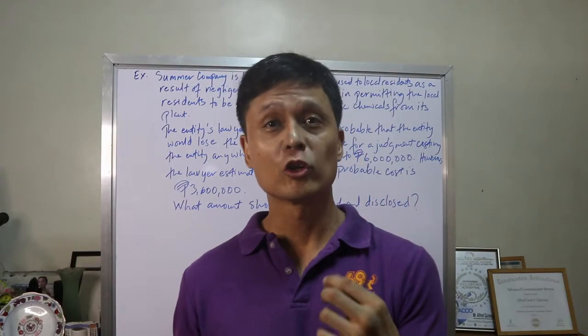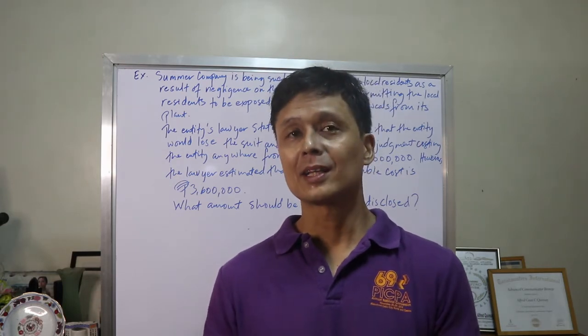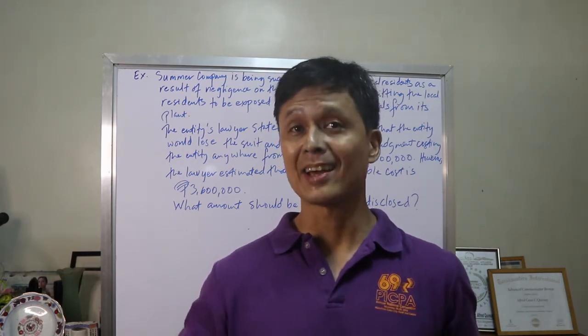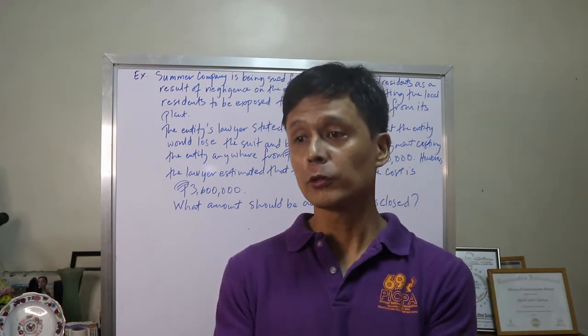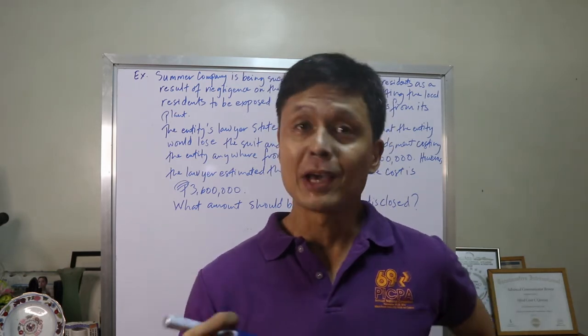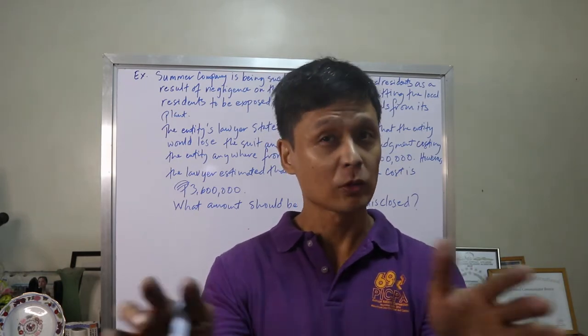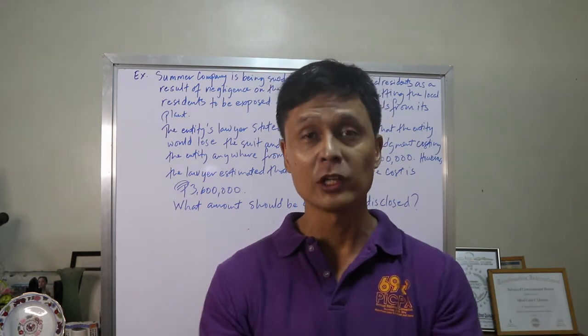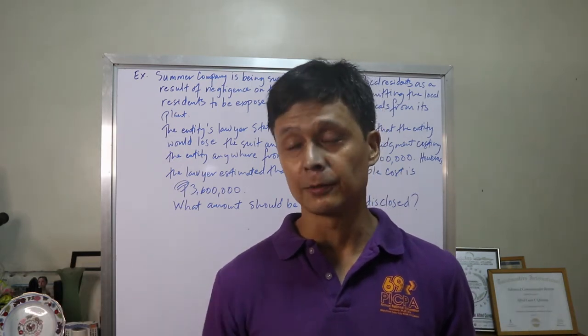So in contingent liability, there is a present obligation, but it is either probable that economic benefits will flow out of the company or measurable. It could neither be both. No, hindi pwedeng pareho. Otherwise, it would be a provision.